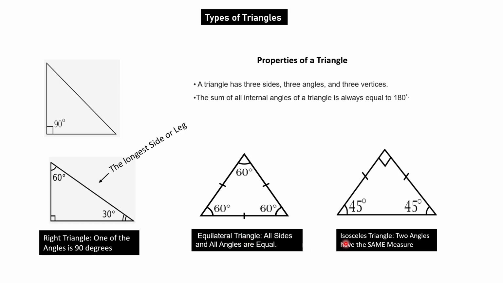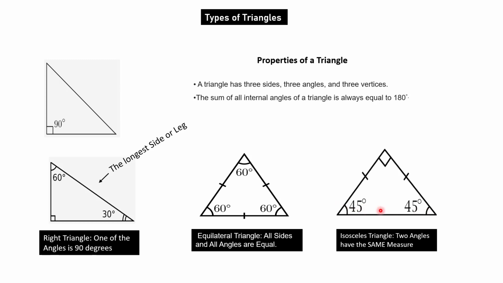Next you have the isosceles triangle. What is an isosceles triangle? An isosceles triangle has two angles of the same measure. Look at this internal angle. This is 45 degrees, and this is also 45 degrees. 45 plus 45 is 90 degrees.